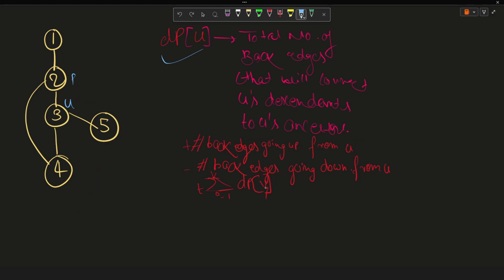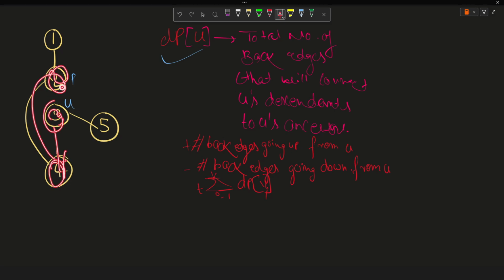And also we will be adding the results of all the children. Why? Because it is clearly visible here in this example that 4 is the child of 3, that is u, and it has a back edge, right? So this back edge is connecting this child to the parent. And if we have removed this edge, we would still be able to go from 2 to 4 and then from 4 to 3.